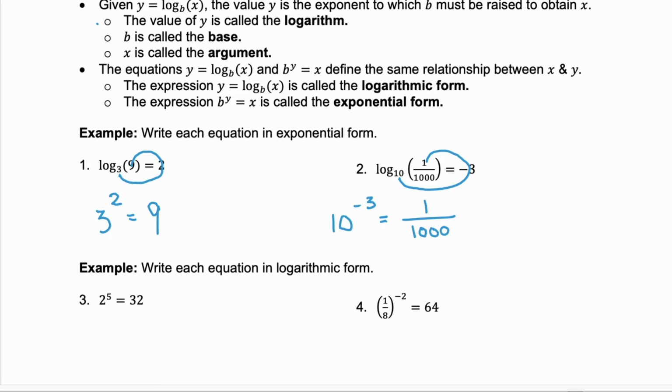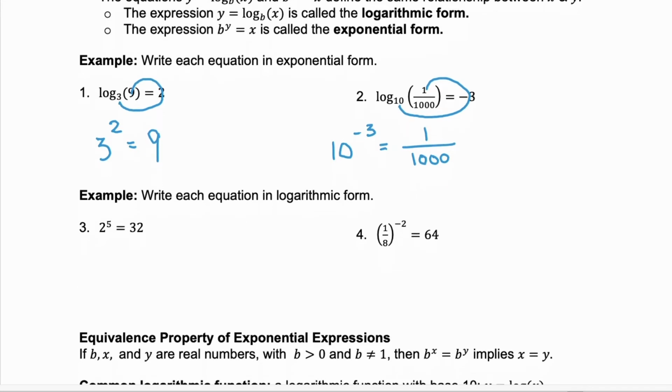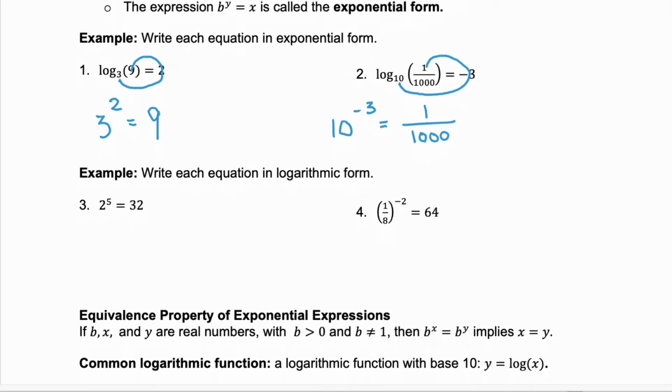In our next examples, we're going to go the opposite direction. So we're given exponentials, and we need to put them into logarithmic form. To do that, your base here is the base of your log. So log base 2. And the argument, what you're taking the log of, was your answer for your exponential form.